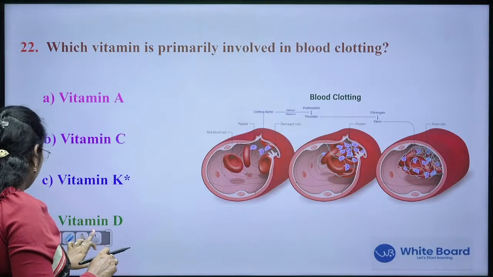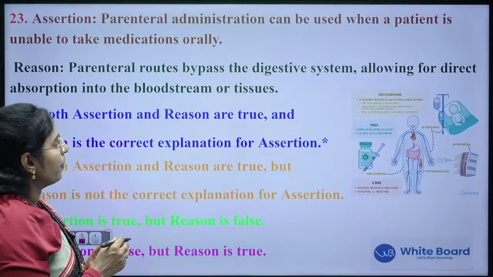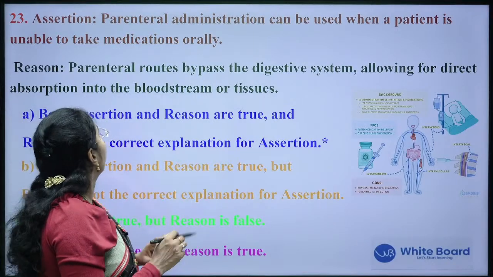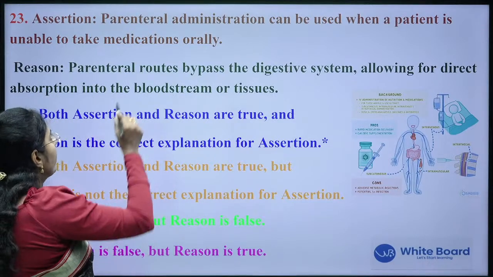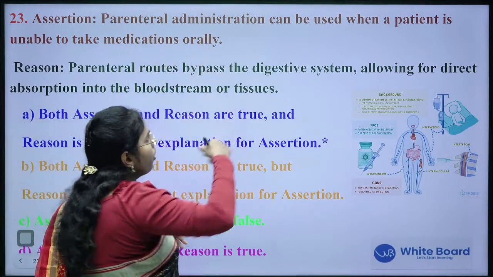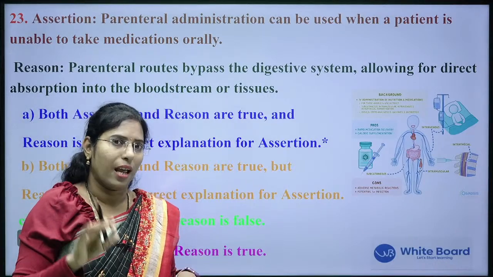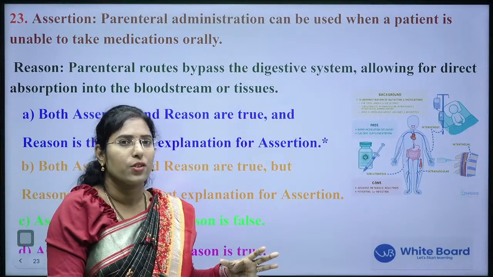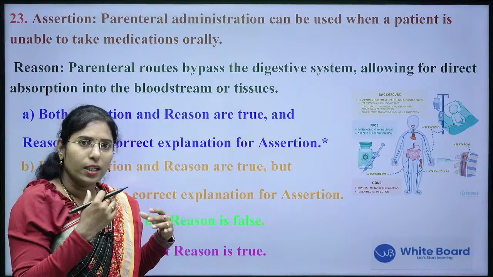Next question. Assertion: parenteral administration can be used when the patient is unable to take the medication orally. Right. See, whenever the patient is on bed and is not able to swallow the tablet, especially geriatric patients who are in ICU condition, at that time they will not be able to swallow the oral tablet.